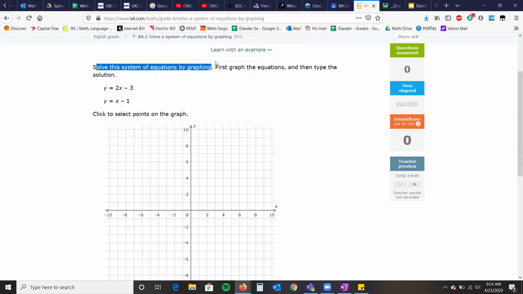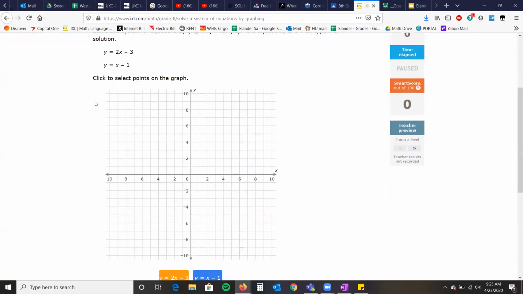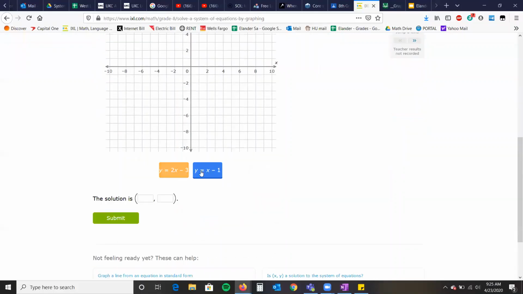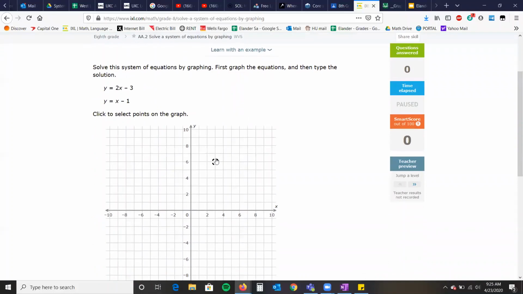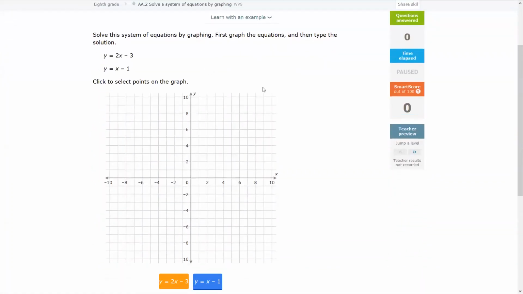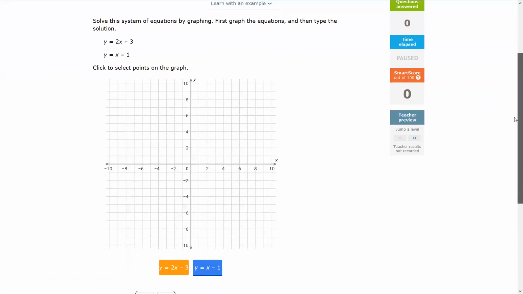So this is solve the system of equations by graphing. First graph the equations and then type the solution. Okay, so it says click to select points on the graph. And so I'll make this bigger. There we go. So on this one, I'm going to click for whichever dots I'm drawing.